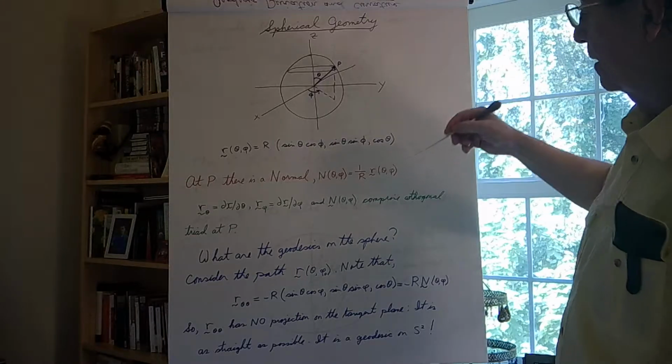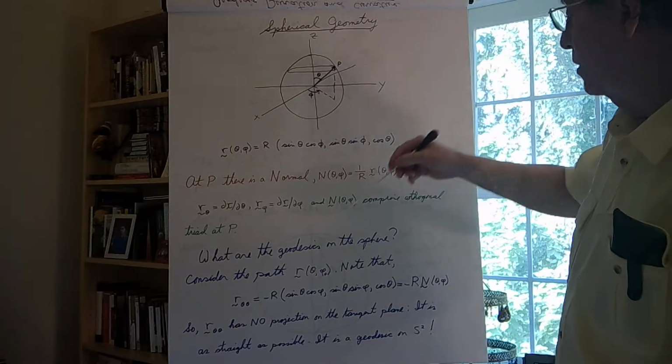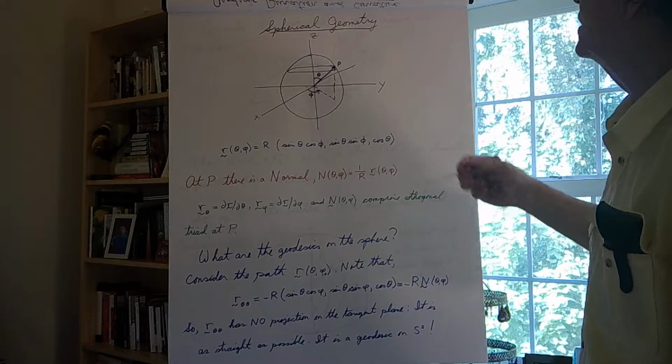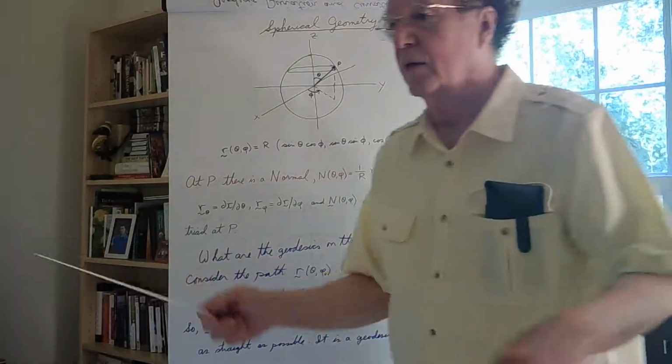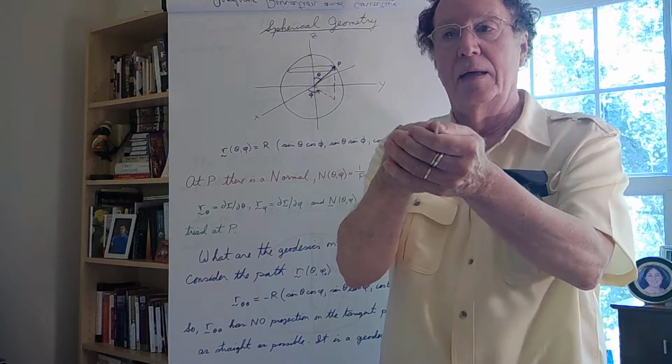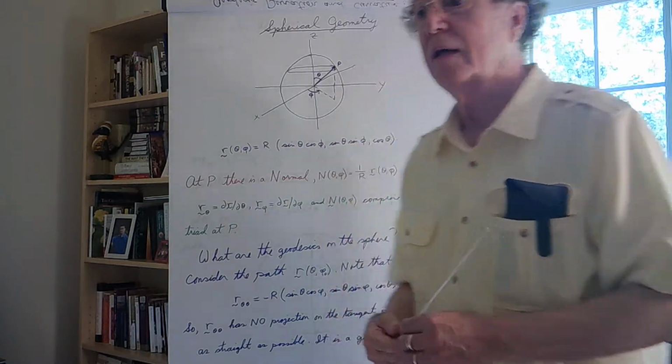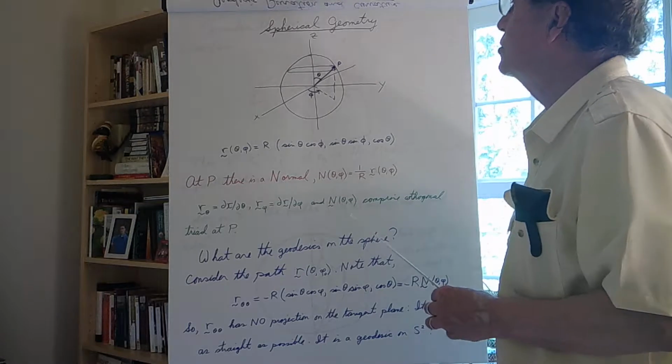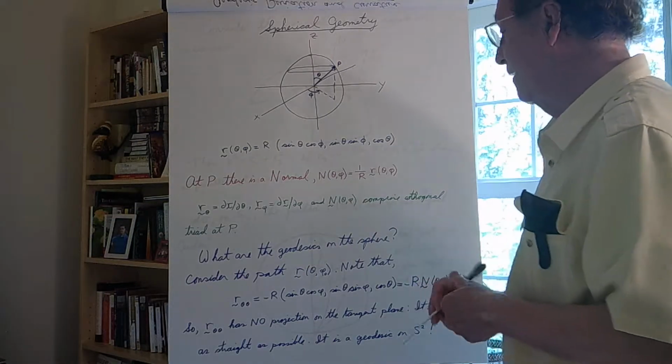Imagine this as being the top of the sphere, and I can look in this direction and in this direction and calculate the tangents in those directions. Theta varying but phi fixed.